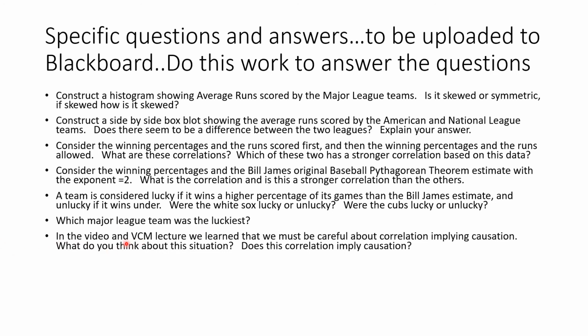Now in the video and VCM lecture tonight on 9/8, we're learning that we must be careful about correlation implying causation. What do you think about this situation, the Bill James baseball situation, or in fact all of these? Do these correlations somehow imply causation?